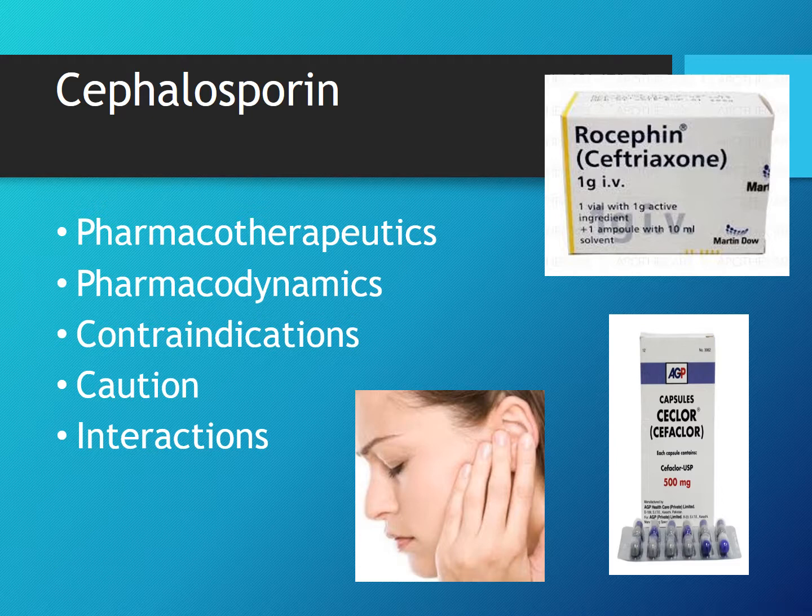As far as interactions, we do know that there are interactions between cephalosporins and aminoglycosides, which increases the risk of nephrotoxicity. There are interactions with cephalosporins and oral anticoagulants, where there could be increased bleeding.